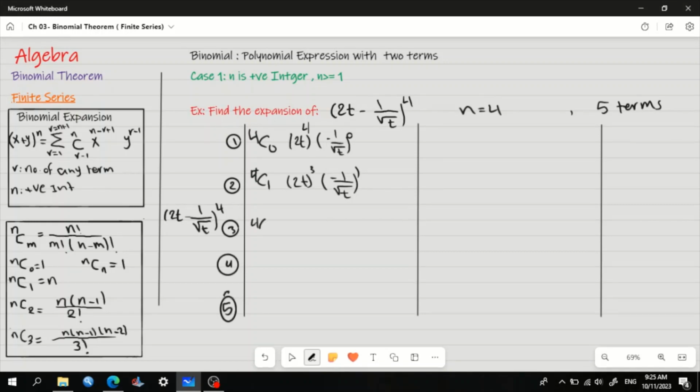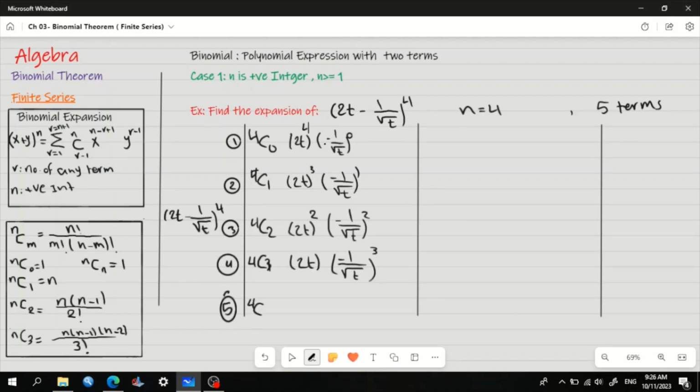Here 4 combination 2, 2t to the power 2, and here power 2. Here 4 combination 3, 2t to the power 1, and here 1 by square root of t to the power 3.